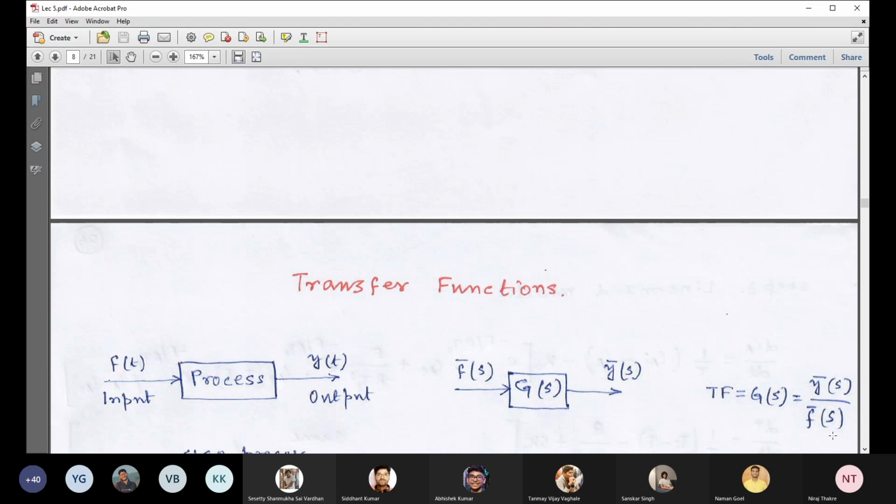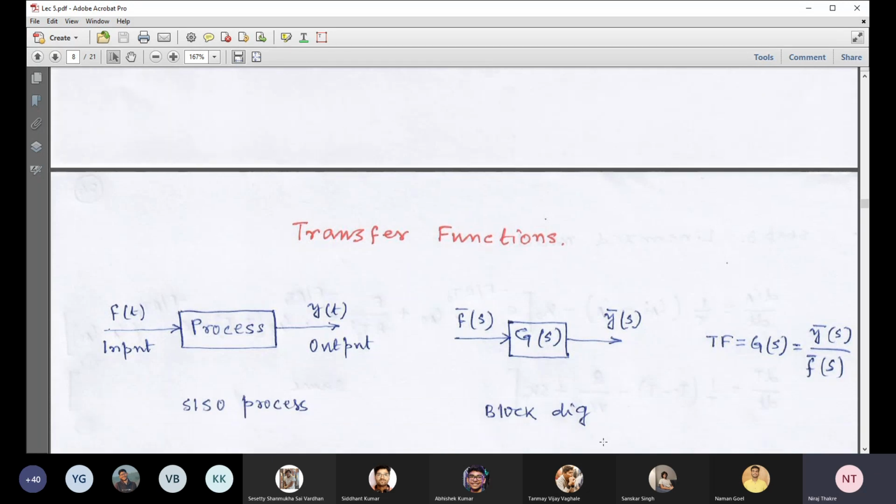This is the transfer function using which we can transfer our input variable to output variable y. So transfer function TF, as I told, is represented by capital G. It is basically the output divided by input in Laplace domain. This example is considered for a SISO process, single input, single output process. This is the simplest example.